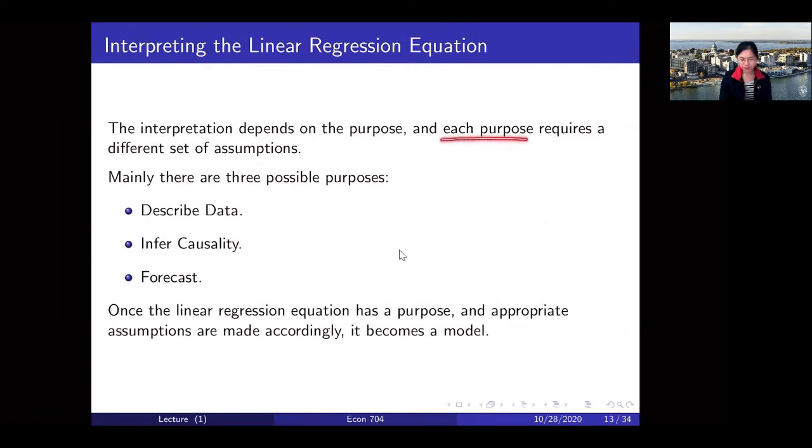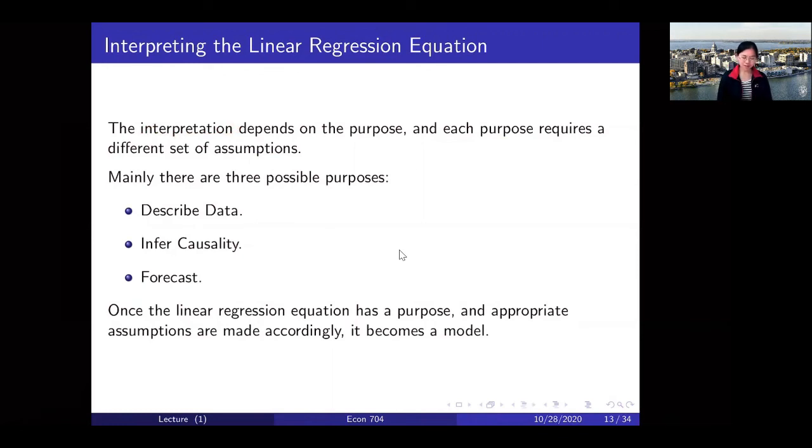Different purposes require different sets of assumptions on the quantities, and the different purposes will determine what interpretation we can put on the different components of that equation.